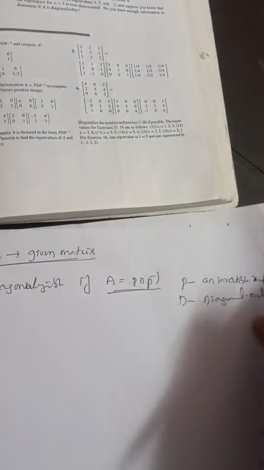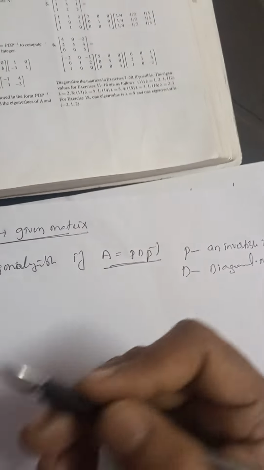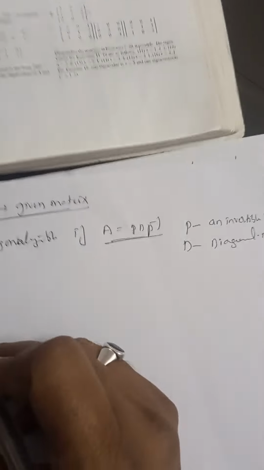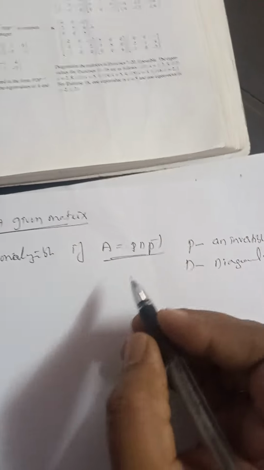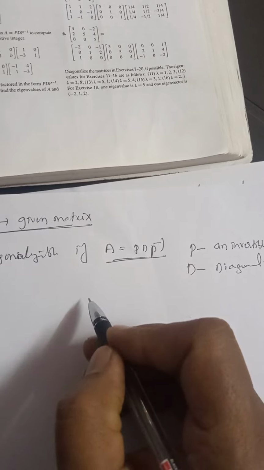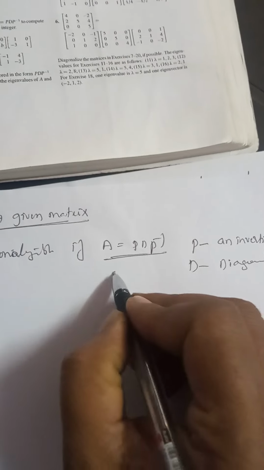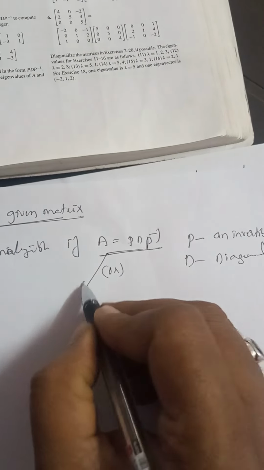Now this definition is very important. A matrix, whatever the order, it may be 2 by 2 or 3 by 3 or n by n matrix, is said to be diagonalizable if it can be factorized as A is equal to P D P inverse. Right, now there is one application from here.